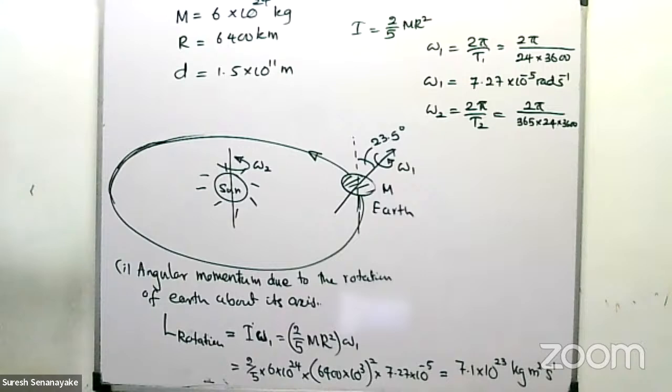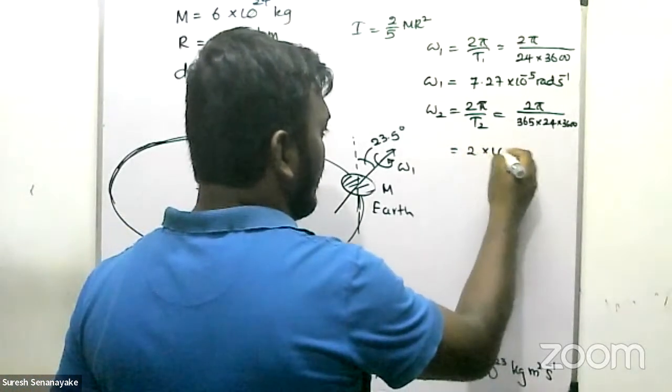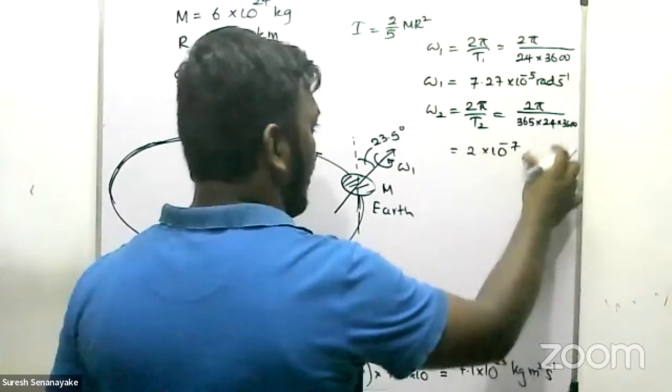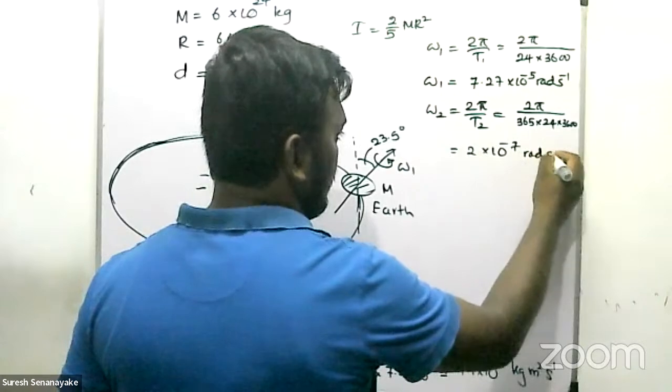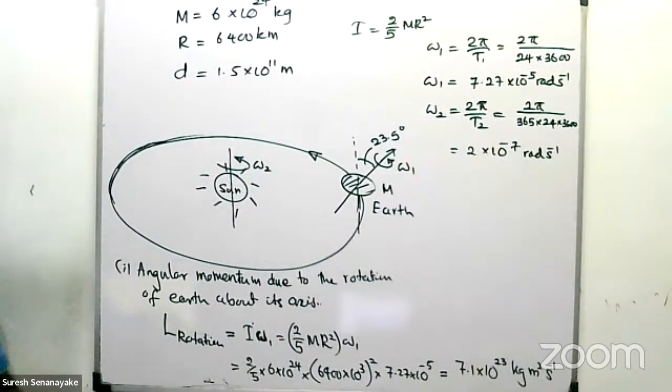That gives approximately 2 × 10^-7 radians per second. It is 1.99, I'm taking it as 2.